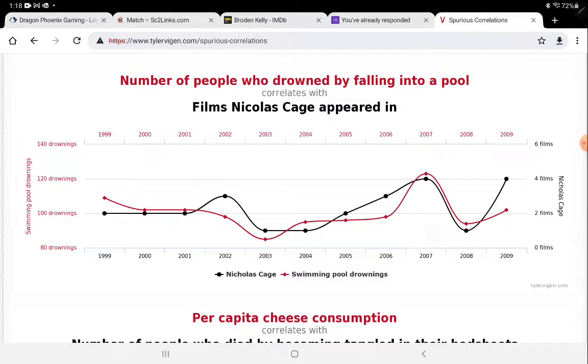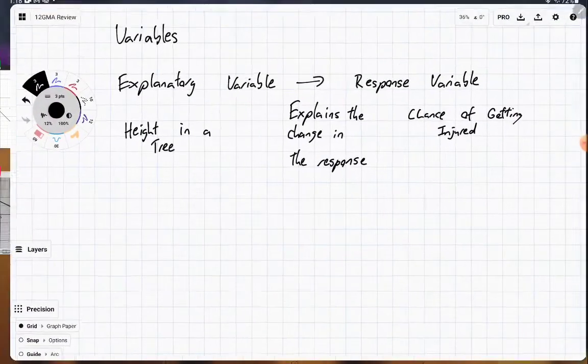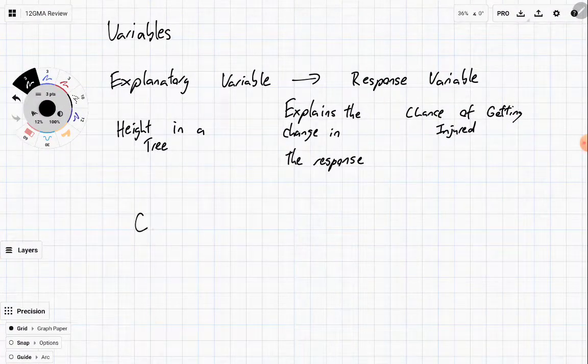Now, does that mean that Nicolas Cage appearing in films affects drownings, or that drownings affects Nicolas Cage? Well, no. There's probably a simpler answer, and there's one of 2 things that are happening. Number 1 is coincidence, and the other thing is a confounding variable.